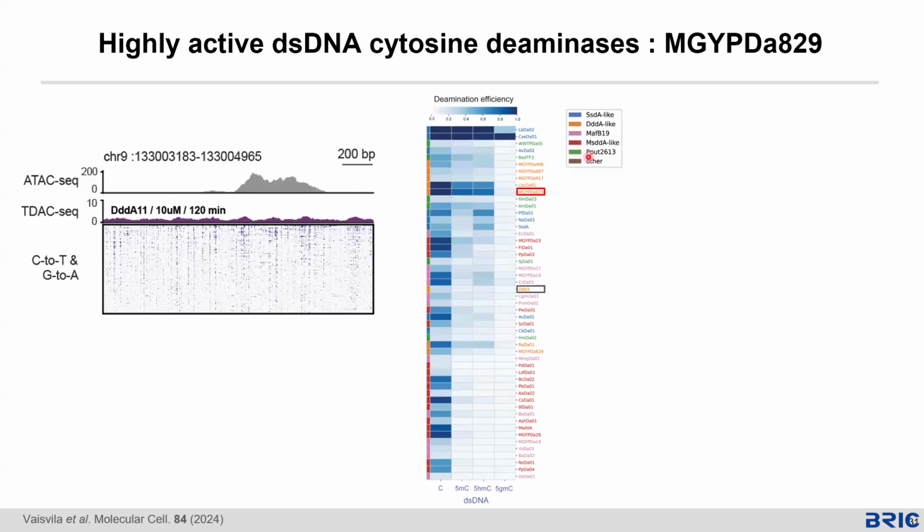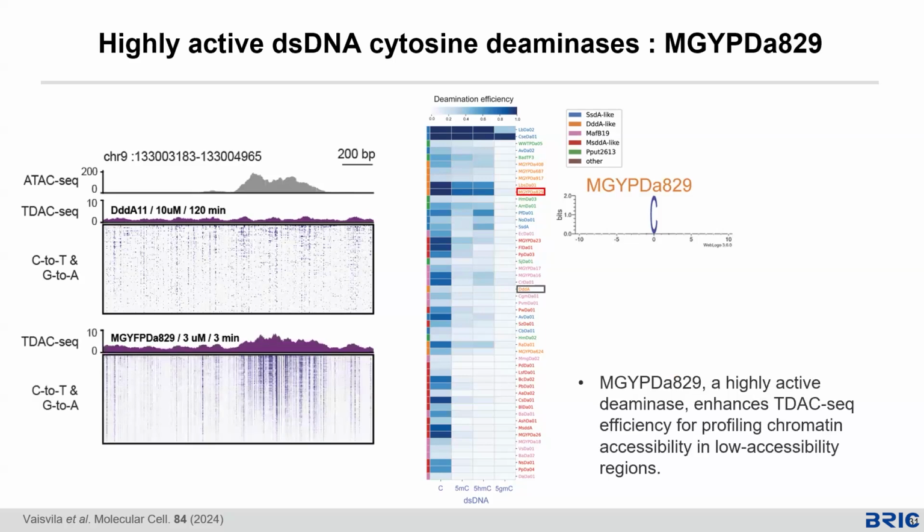So I purified one of the most active enzymes, which I'll refer to as the MGY enzyme, and used it for TDAXI. Another key advantage of this enzyme is that it does not have any sequence bias, meaning that it can mutate any cytidines regardless of sequence context.